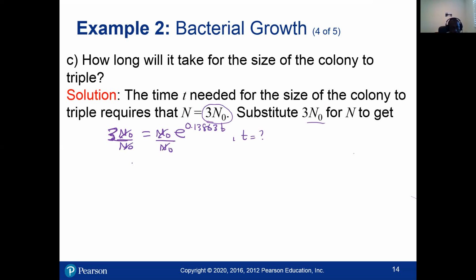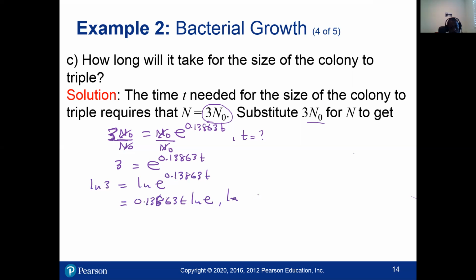So you get 3 is equal to e raised to 0.13863 t. All right, then we take natural log on both sides, which is natural log of 3 is equal to natural log of e raised to 0.13863 t. And the right hand side becomes 0.13863 t natural log of e. Again, natural log of e is equal to 1.